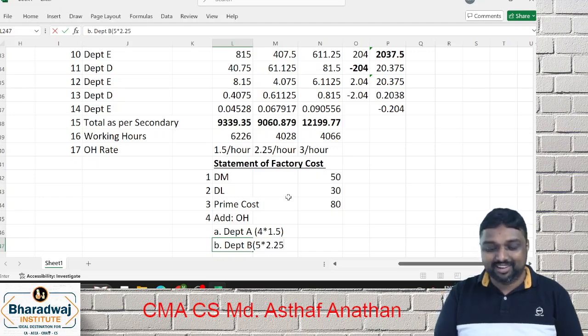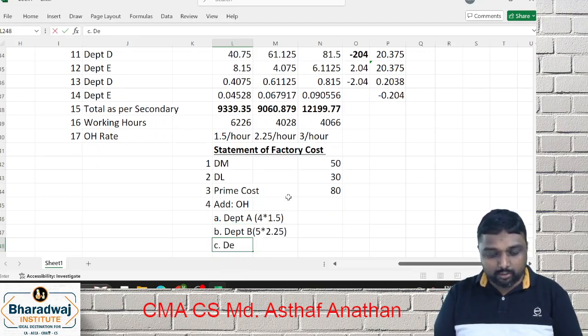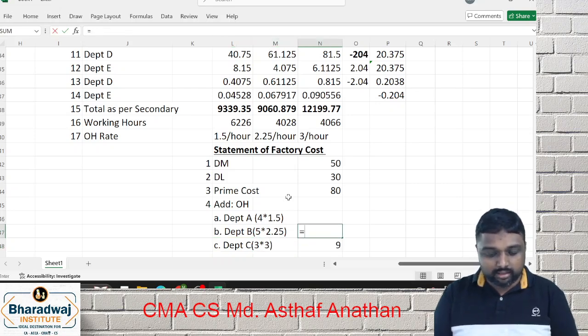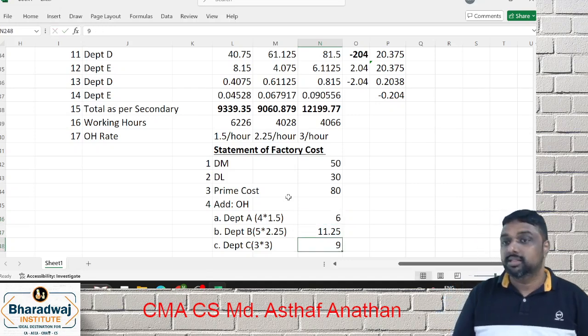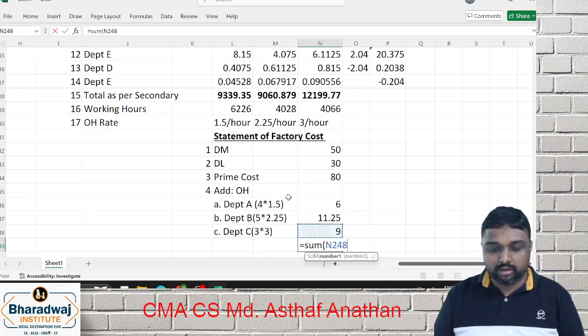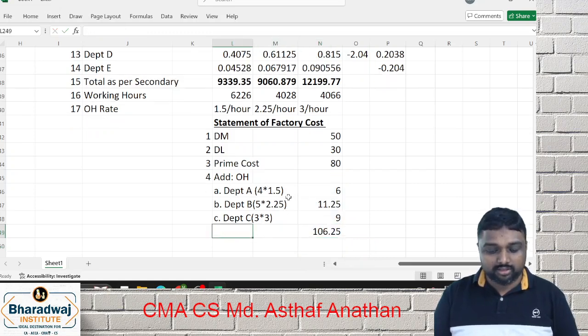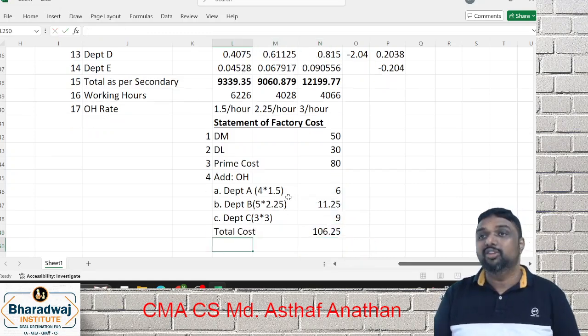Department C, how many hours? 3 hours into 3 rupee. This will be 9. This will be 11.5. Now you can take the total. You will get the answer. This is the total cost. This is how you have to get it.